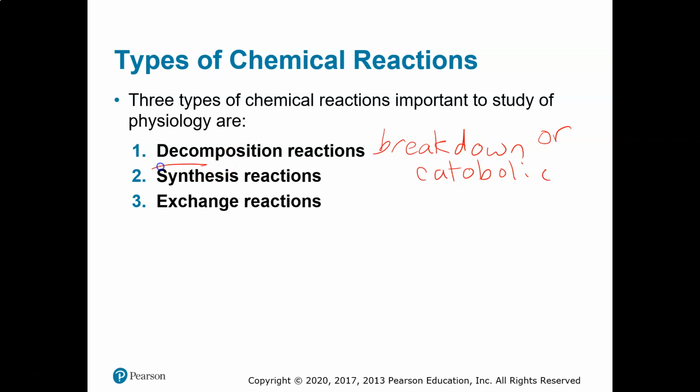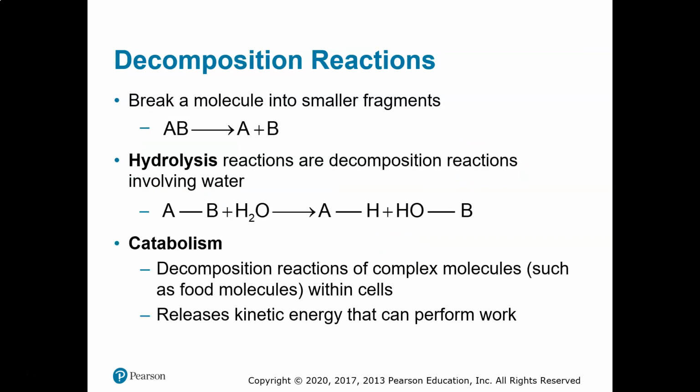And then the synthesis reactions are the build-up reactions, building reactions, or we call these anabolic. And exchange reactions just cause atoms to change places in the chemical reaction, but nothing is broken down or built up. It's the same amount in the reactants as products.